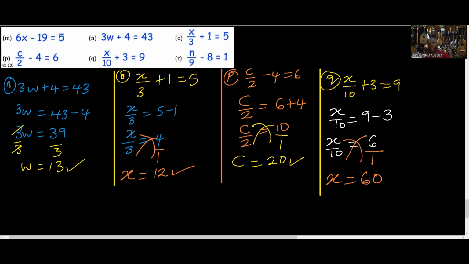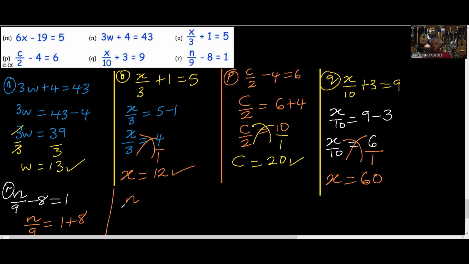Then to the final one before I send you this. That is R. We have n over 9 minus 8 equal 1. What do you think should happen now? The negative 8 should go out, right? So that will become what? 1 plus positive 8 is 9.